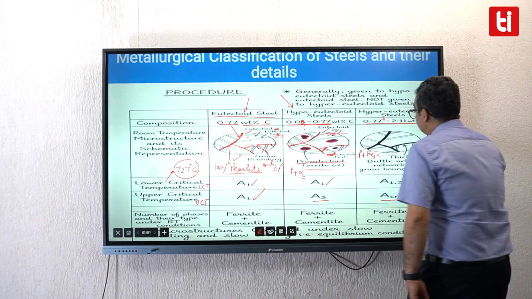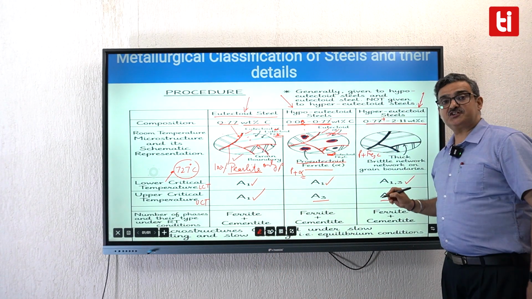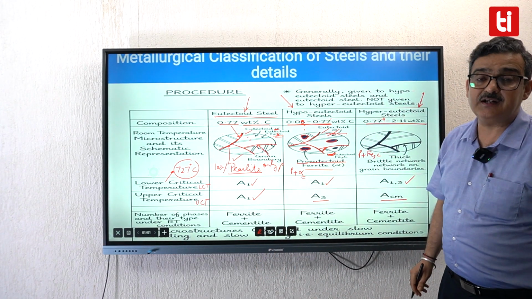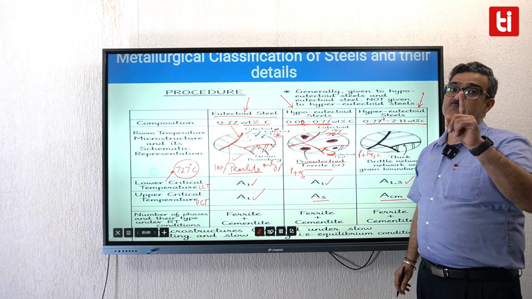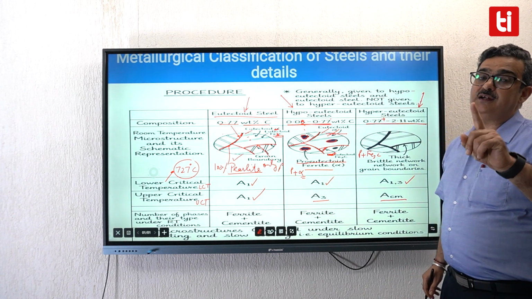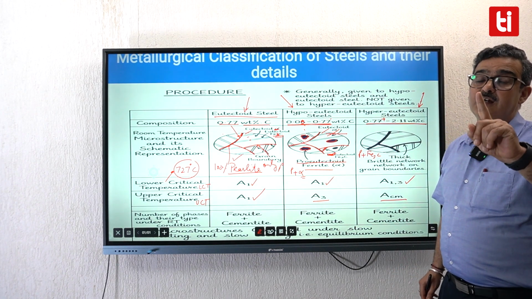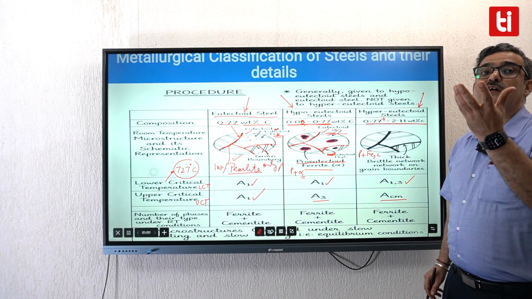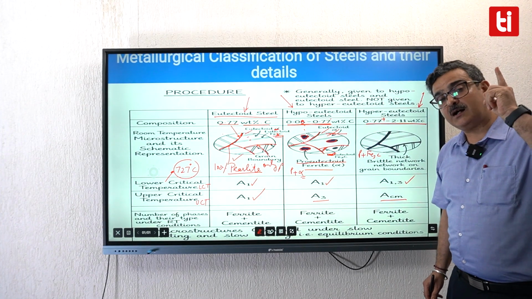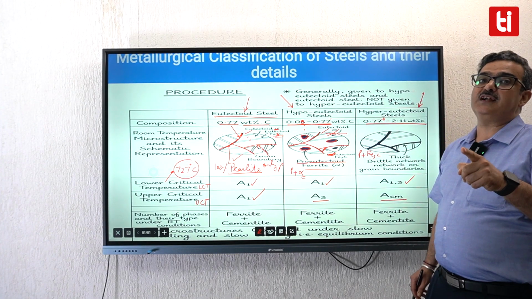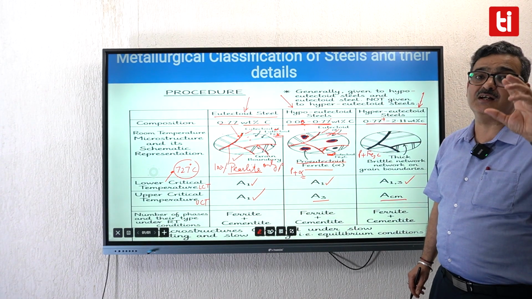Because this entire discussion is for equilibrium heating and equilibrium cooling, please remember that during equilibrium cooling, if pro-eutectoid cementite has a chance to form, it will always come over the grain boundaries in the form of a very thick and brittle network.